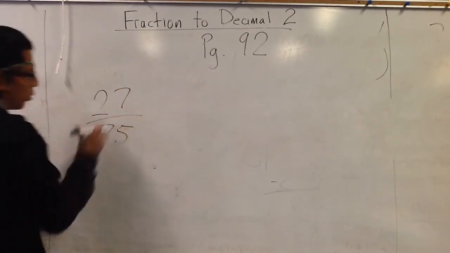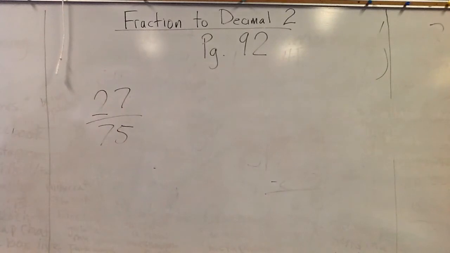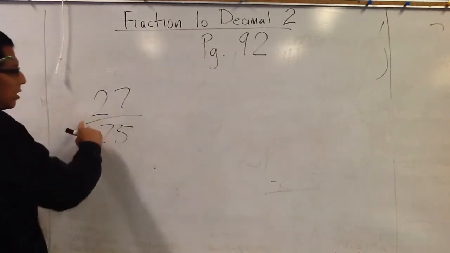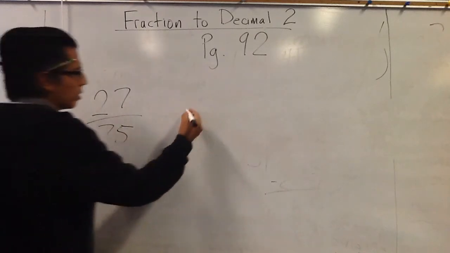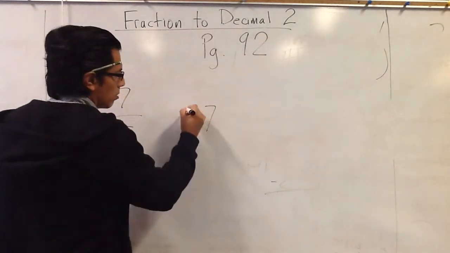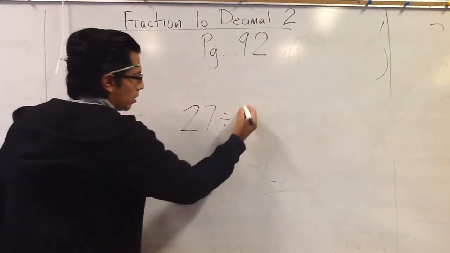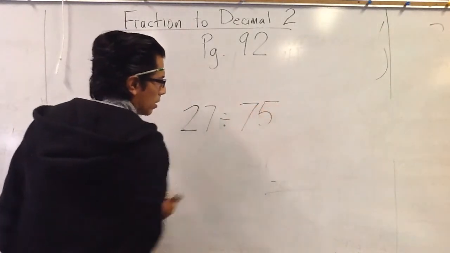So you literally have 27 of something, and it's going to be divided into 75 equal parts. Well, let's read it. 27 divided by 75. 27, I'm fading, divided by 75.